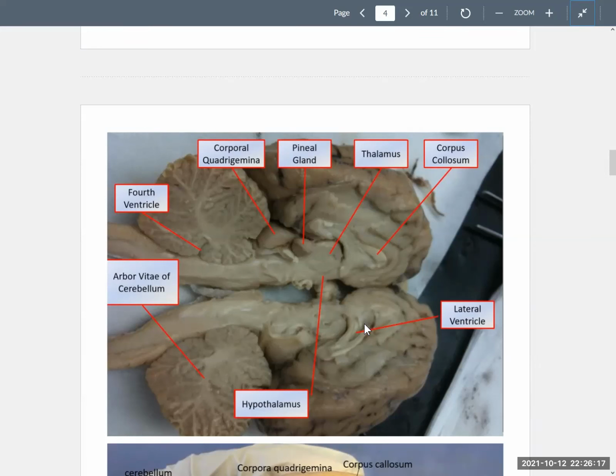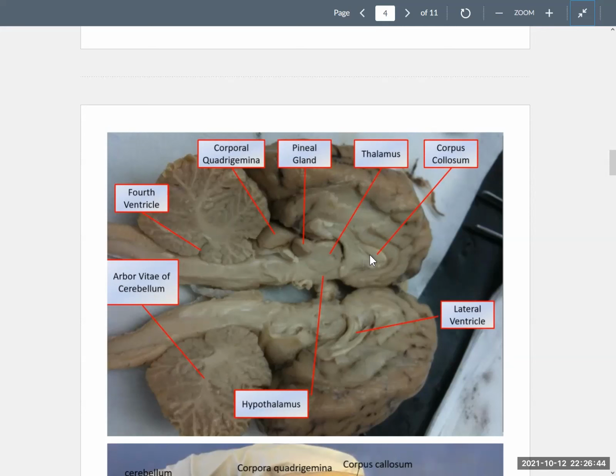The lateral ventricles contain cerebral spinal fluid, which helps nourish the brain and also cushion it against blows, just because you have that fluid in there. This rounded structure, I should name this first part.